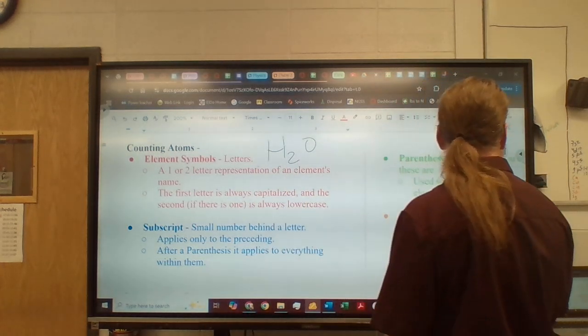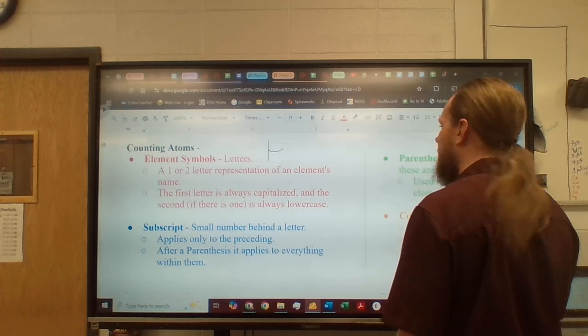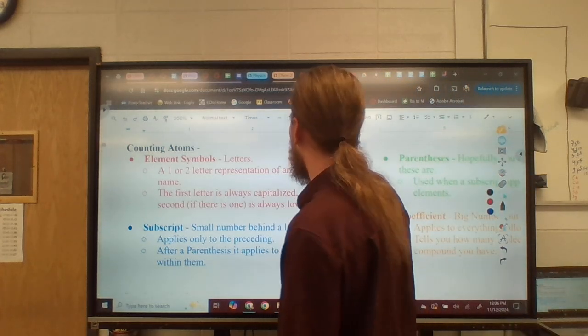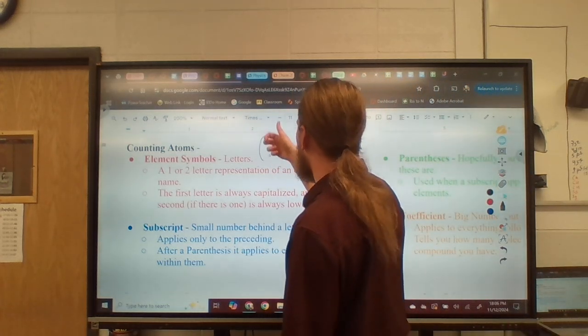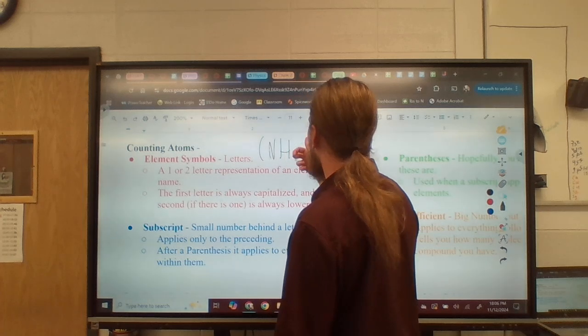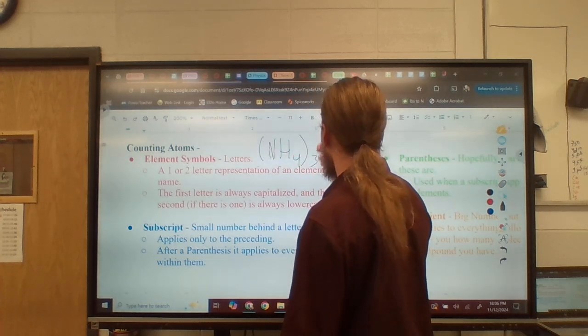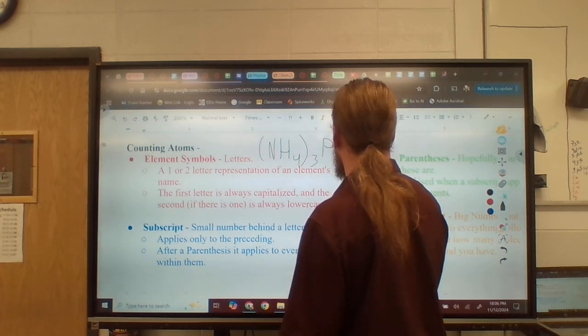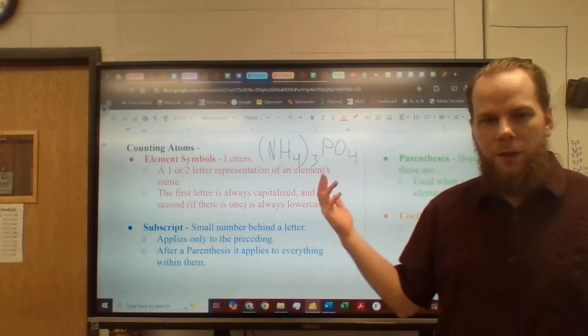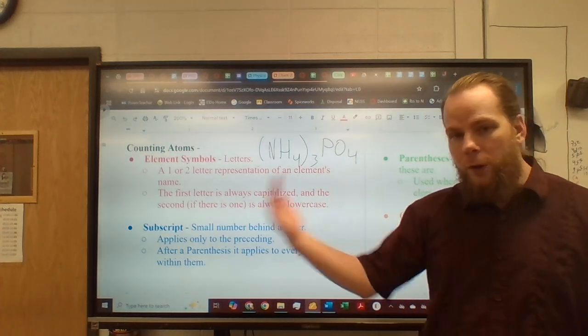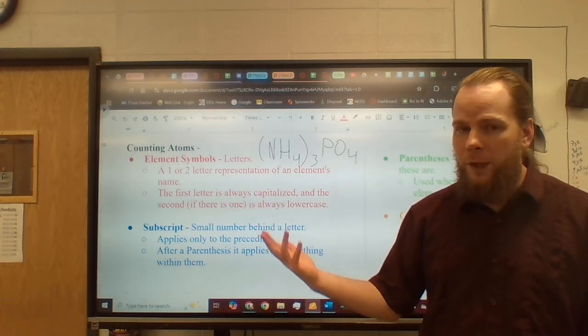Now, we also have chemical formulae like the more complicated one I had last time, which was (NH4)3PO4. Again, we have four capital letters, so this is going to be four different elements.